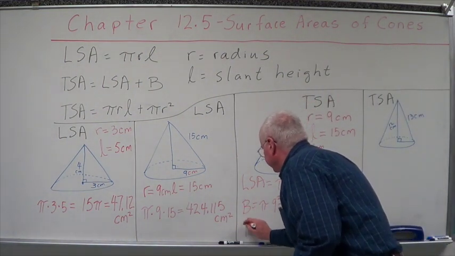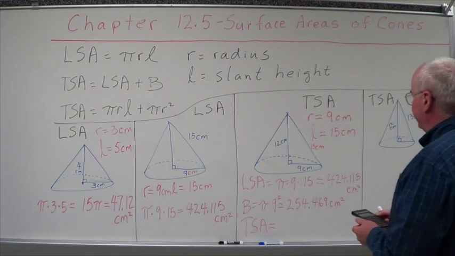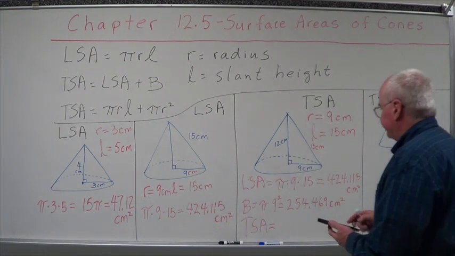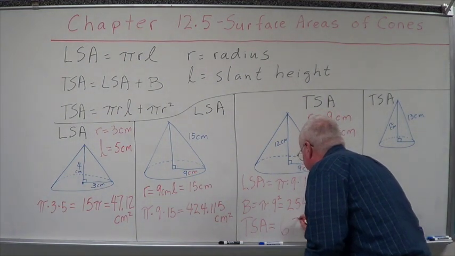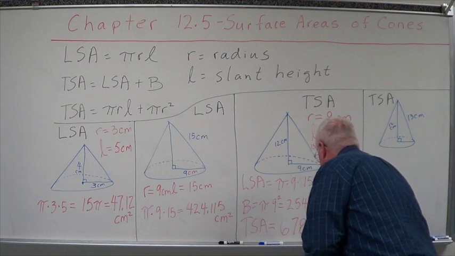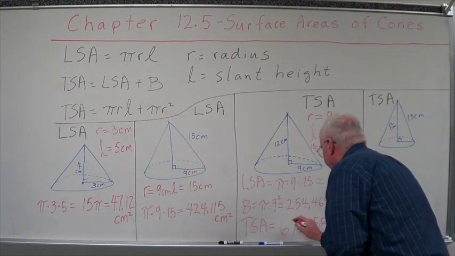Excuse me. Our total surface area, we add those two together. 424.115 plus 254.469 is 678.584 centimeters squared. Okay?